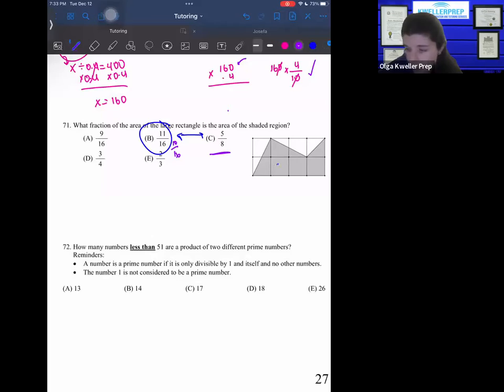So again, we've got 1, 2, 3, right? And then this is a half, 3 and a half. So 1 square, 2 squares.